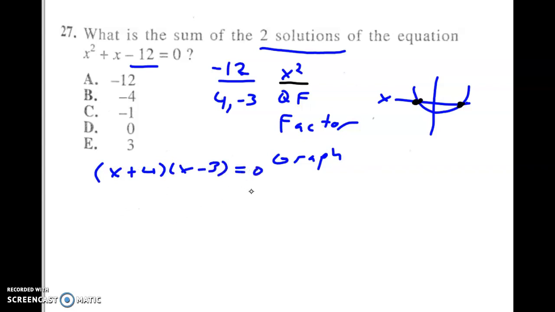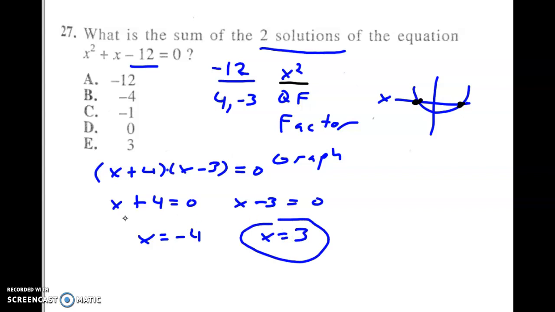And now that we have it factored, you just set each little factor to 0. So x plus 4 equals 0, x minus 3 equals 0. And that'll get you your two answers of minus 4 and positive 3. All right, and so I think to make it so that you can't guess and check, they do weird things like they say, okay, what is the sum of them? So the sum would be just add those two together, and your sum is minus 1.